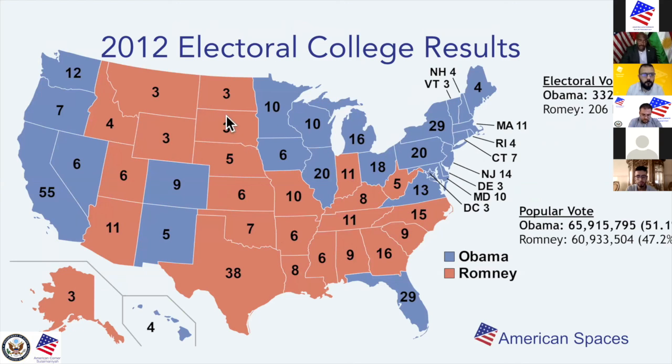So at this point, if the House had to decide, this would actually probably benefit the Republican Party. But there's no real concern at this point, because the House of Representatives hasn't had to choose someone like that since I think 1800, so it's been a while.